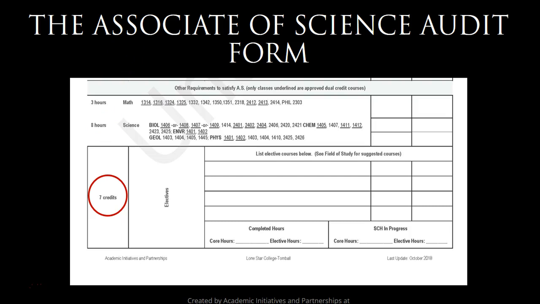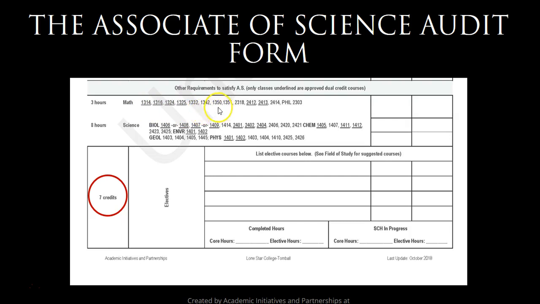What I would like to also point out is that we have listed all of the math and science classes that are available for students to take, because if they're earning the Associate of Science, they may want to dig a little deeper into some of the math and science courses. But the ones that are underlined here are approved dual credit courses.